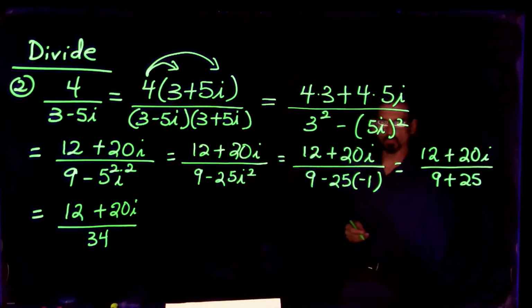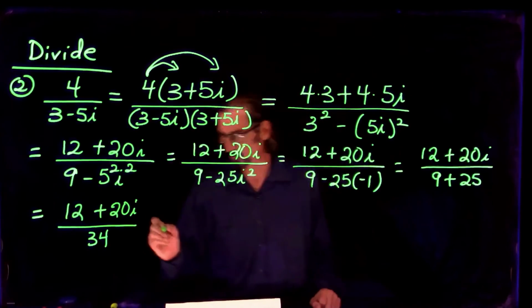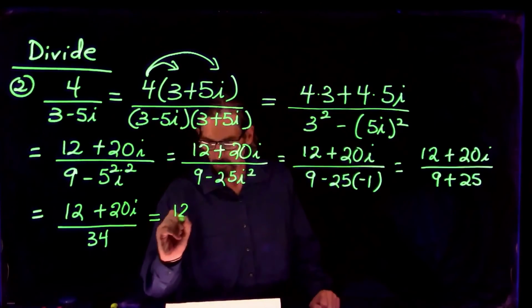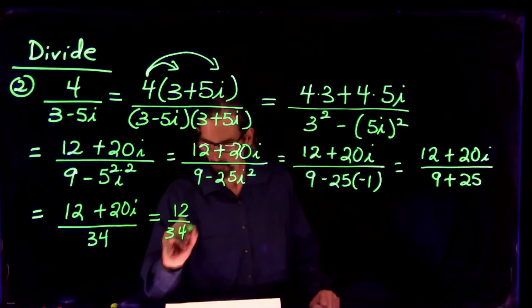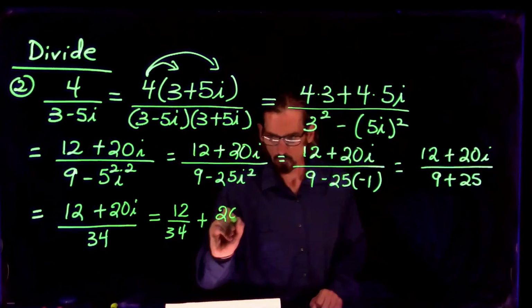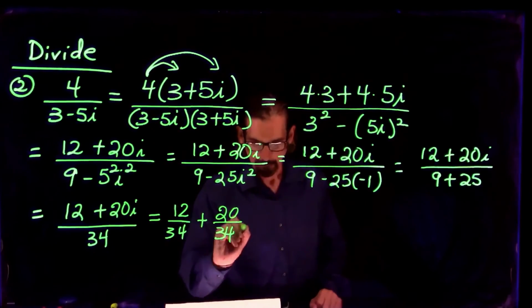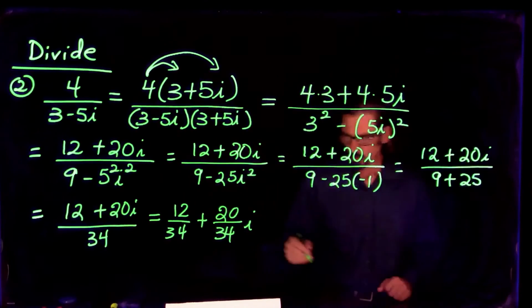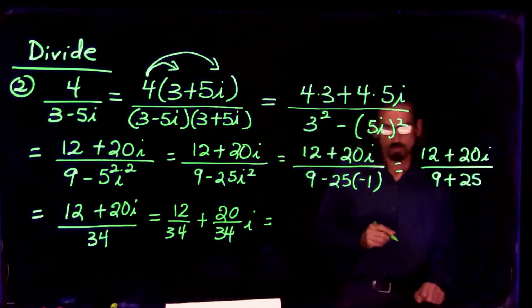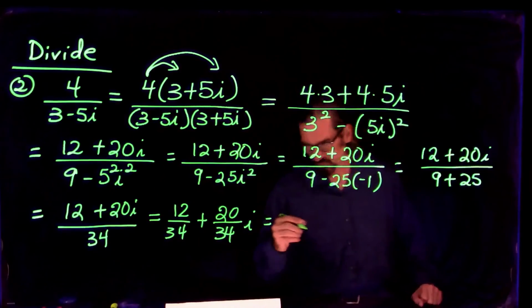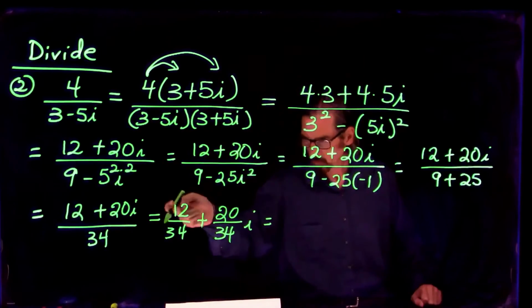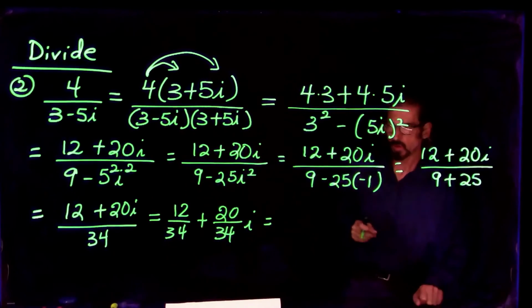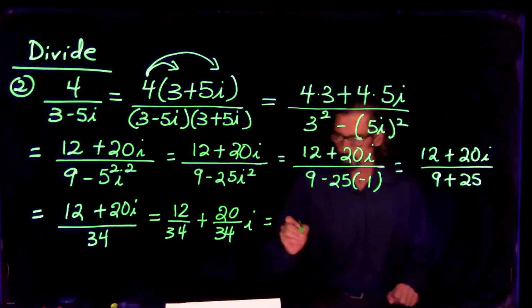Again, we can distribute that division by 34 and reduce where we can. We can use the fact that these two numerators are even, and that 34 is even.